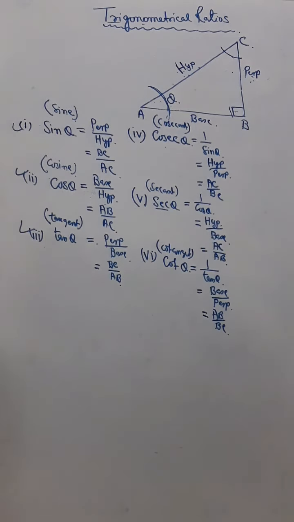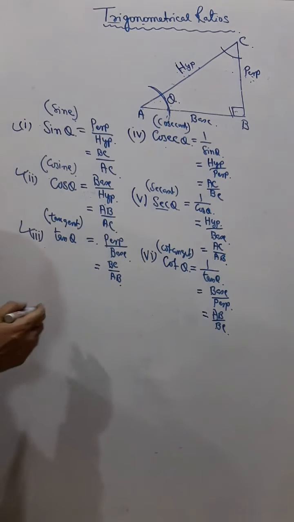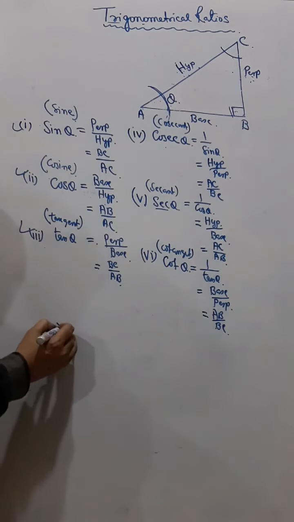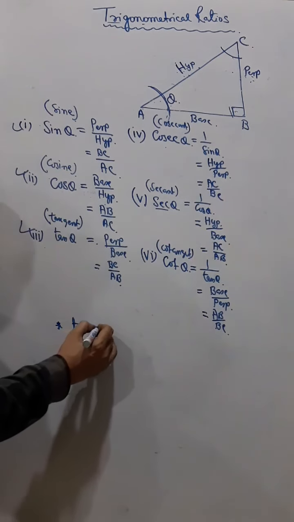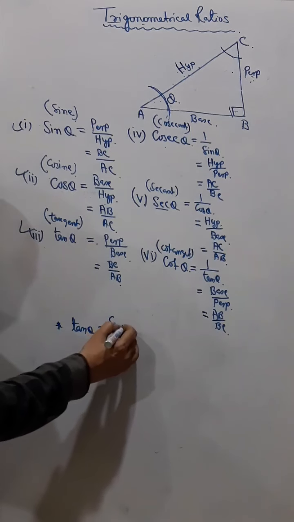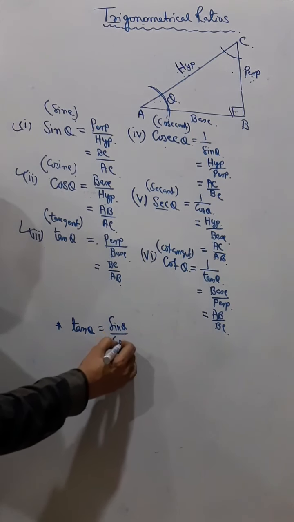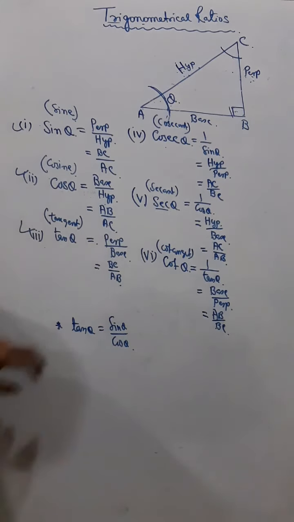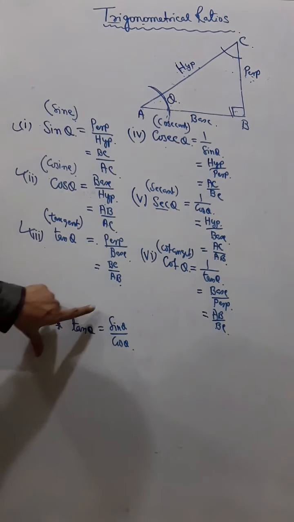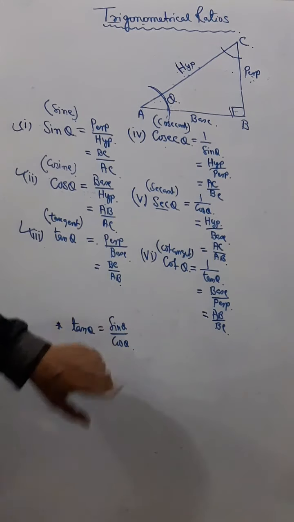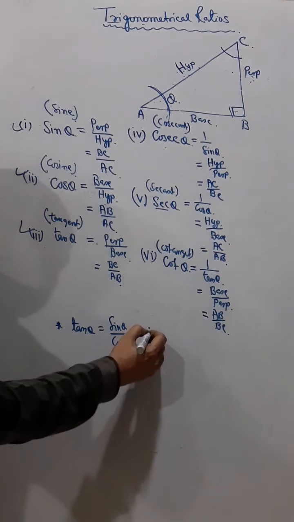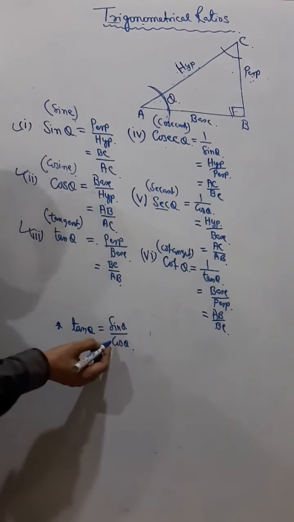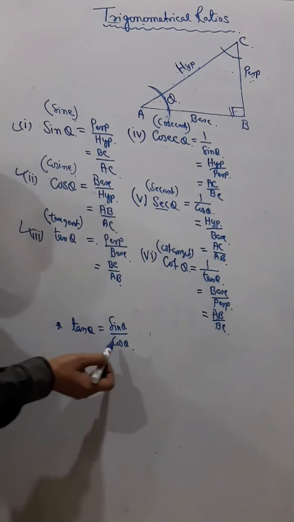Now we can also say tan theta means sin theta by cos theta. Naturally, somebody may ask, oh sir, how sin theta by cos theta?